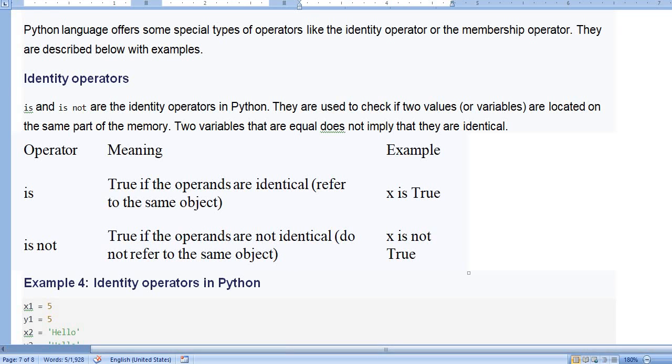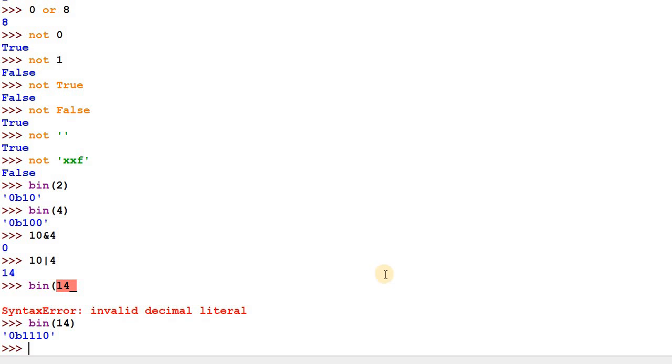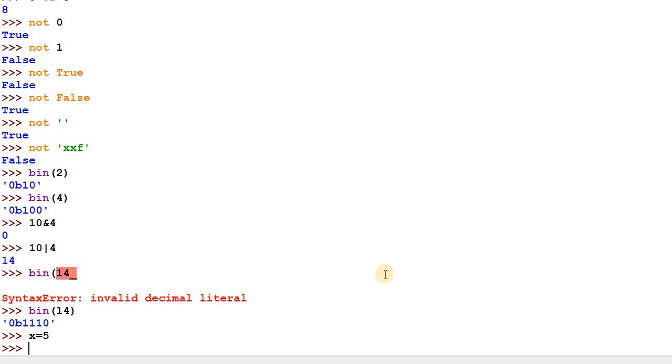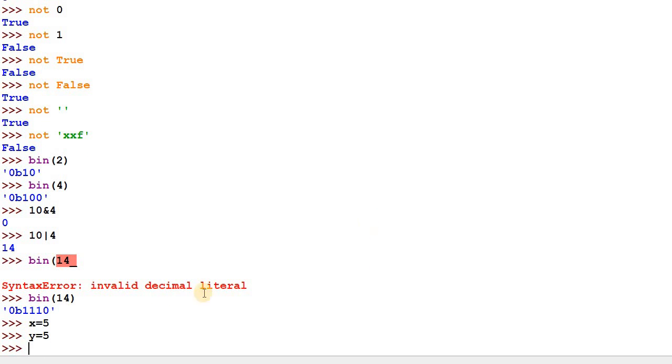For example, suppose I write x equals 5 and y equals 5. The value of x is 5 and y is 5. In Python, both x and y point to the same memory location. With the help of the id function we can get the memory location of each variable.